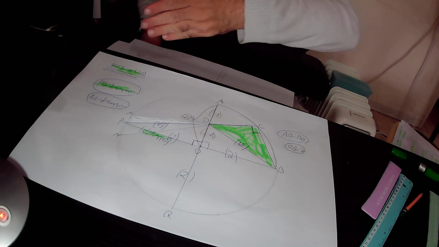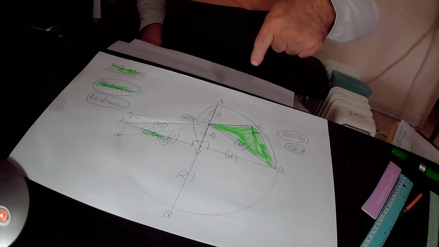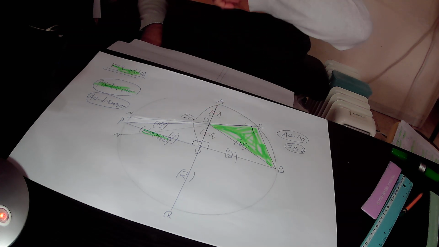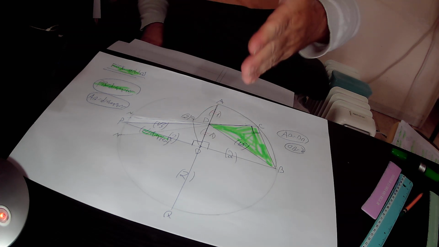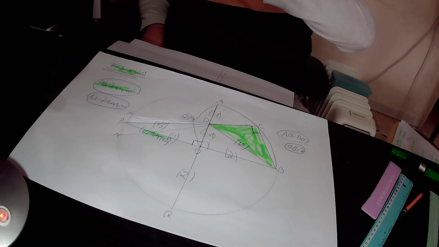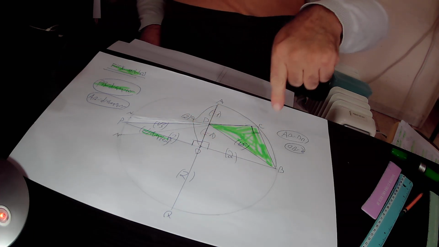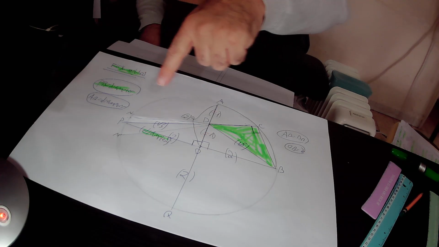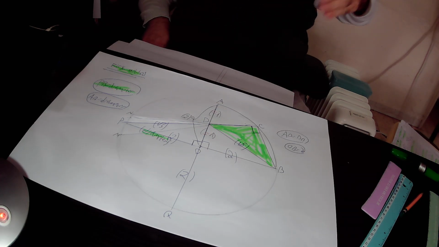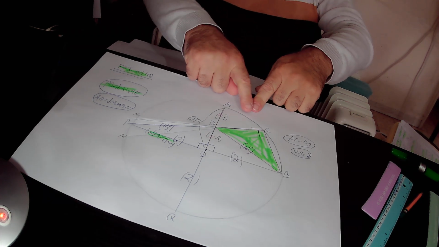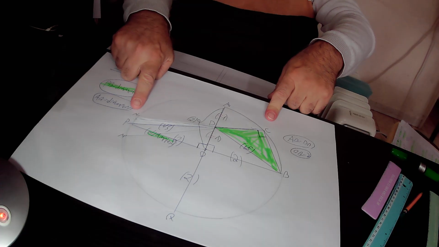chord AQ, AQ is a chord because it is the diameter of the circle. It is actually the biggest chord in the circle. So chord AQ intersects with this chord CP at point D. Why is CP a chord? Because we extended the straight line CD, and therefore the result CP must also be a straight line.